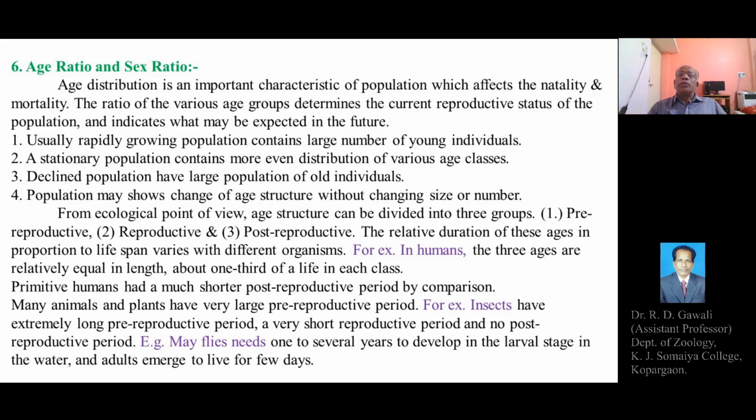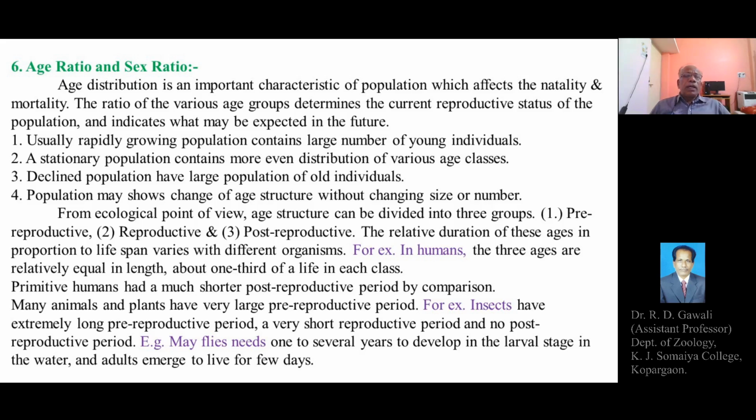That is one third of the total lifespan each: young, adult, and old age. This is the relative time of each age group usually found among human beings.